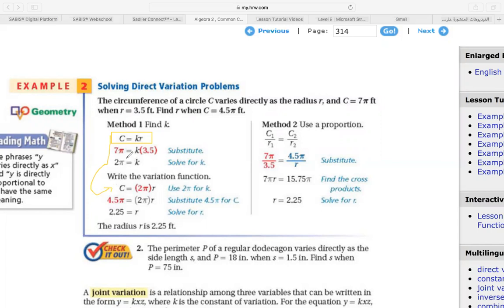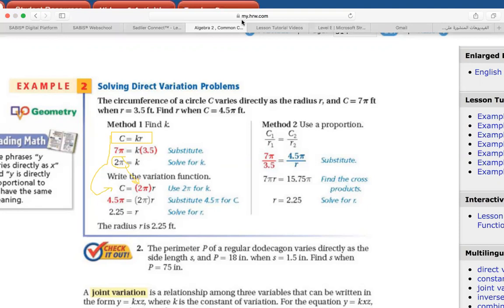Why? Because I have here the value of K is 2 pi. So C is equal to 2 pi multiplied by r. C is 4.5 pi, because they told me, equals K, which is 2 pi, multiplied by r. So r is 2.25. Okay, girls?